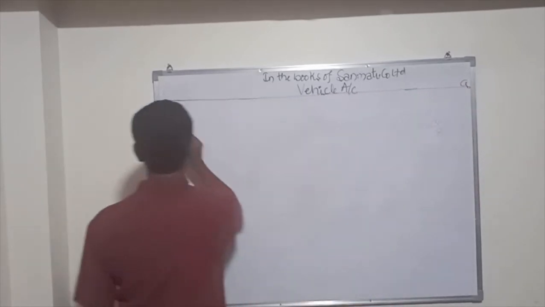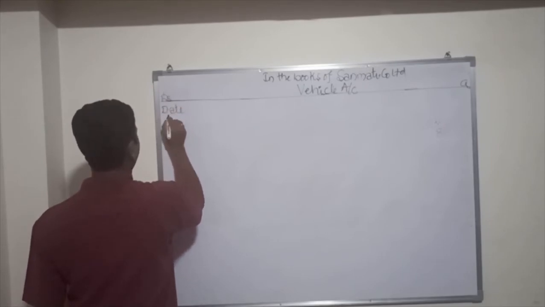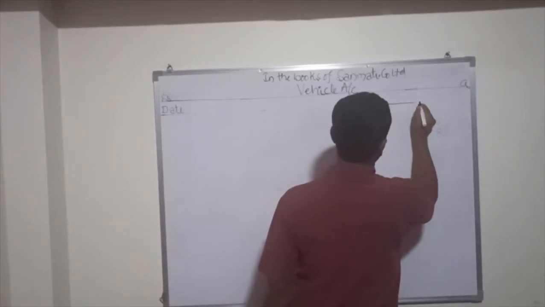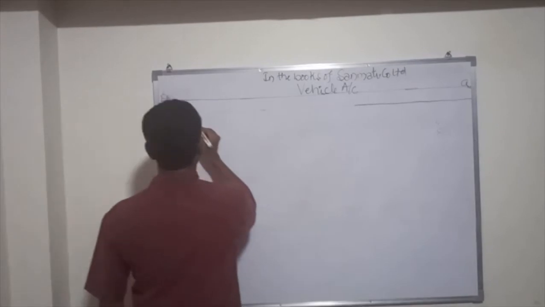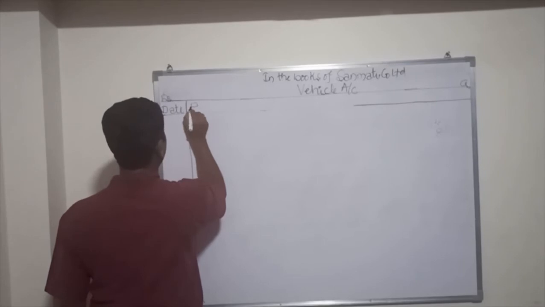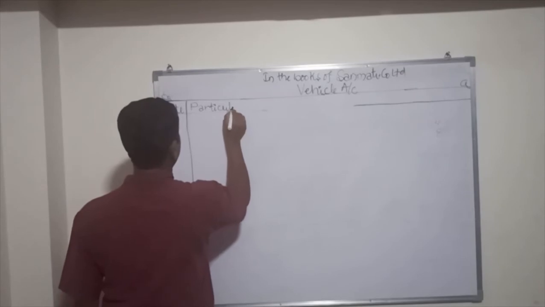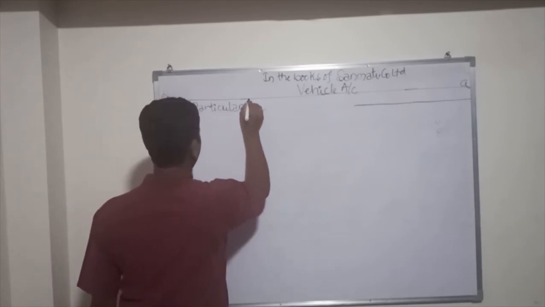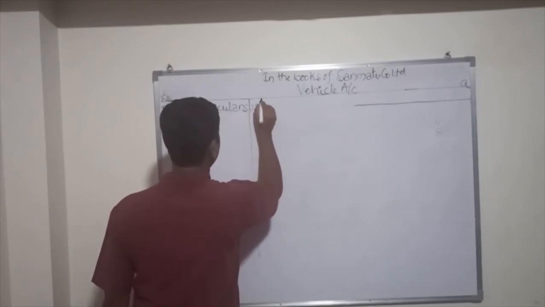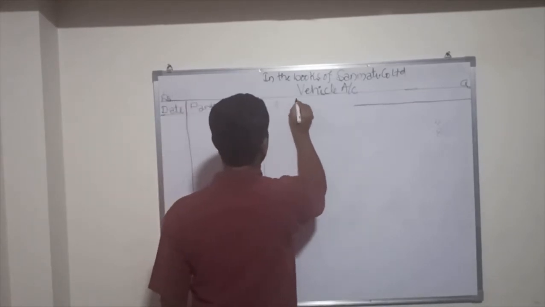Credit here, it is debit. Date column here, particulars, then JF, that is journal folio, then rupees.